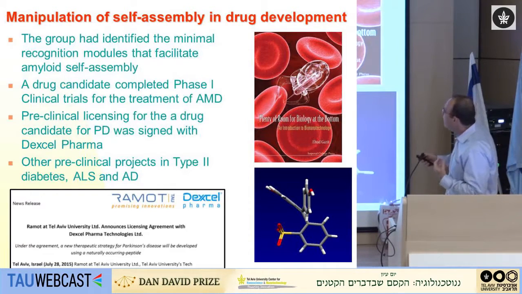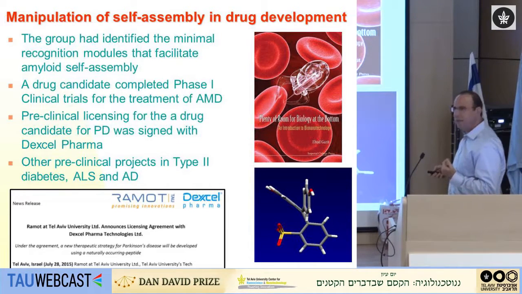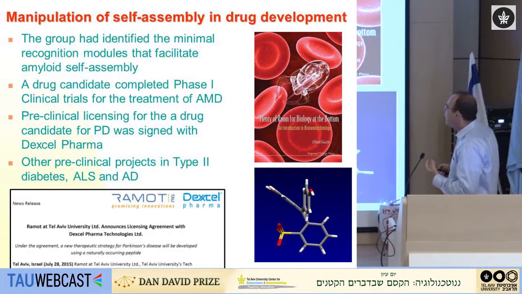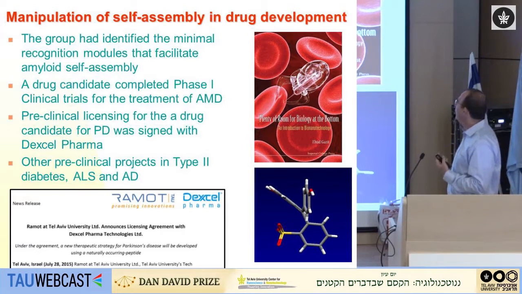We can manipulate formation of various structures. We already have drug candidates that, based on our ability to understand the formation, completed phase 1 clinical trials. We have a few other compounds in preclinical development. And recently we announced an agreement to treat Parkinson's disease, the formation of amyloid in the case of Parkinson's disease, just by understanding the concept of molecular recognition and self-assembly.